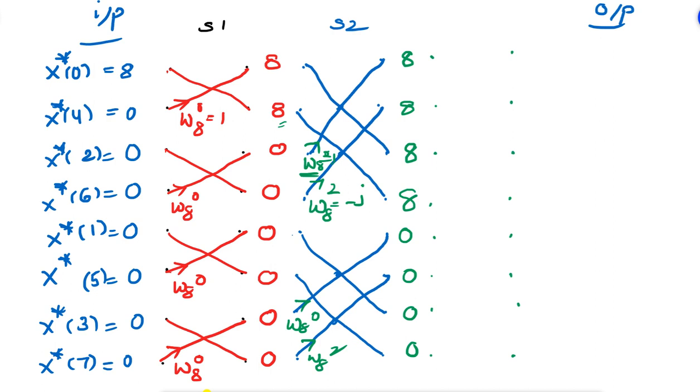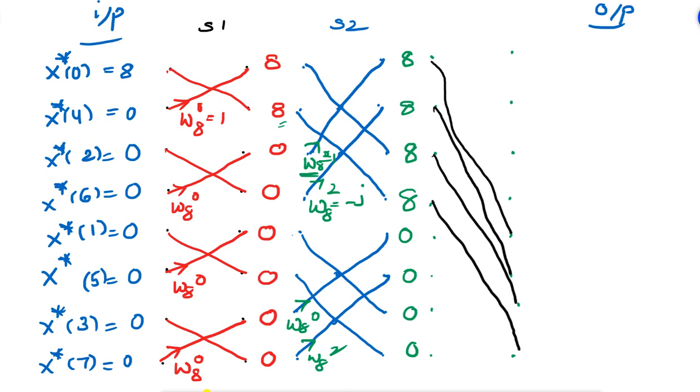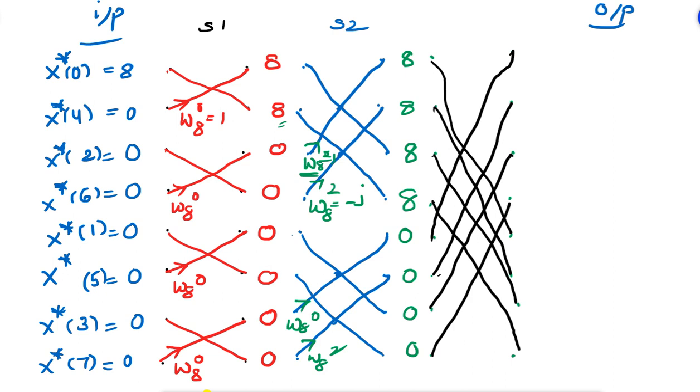So here in the flow graph, the input is separated by 4 samples, and this point is connected to this one, and this is connected to this one, this is connected to this one, this is connected to this one, and this is connected to this one.